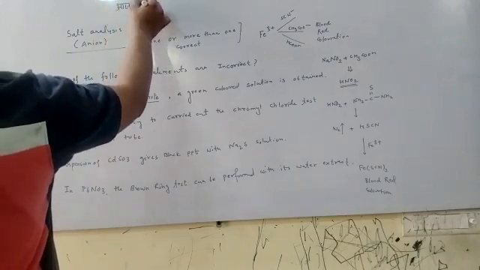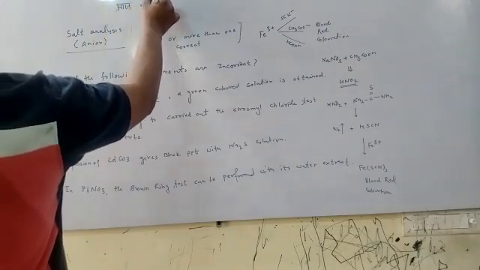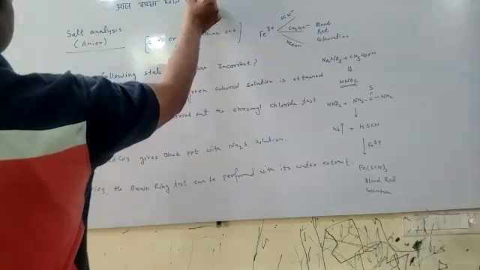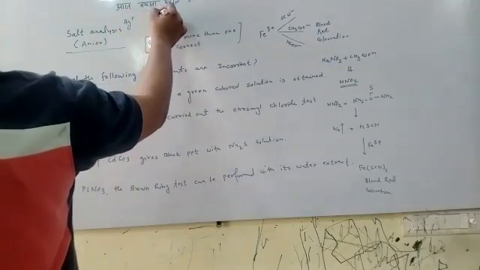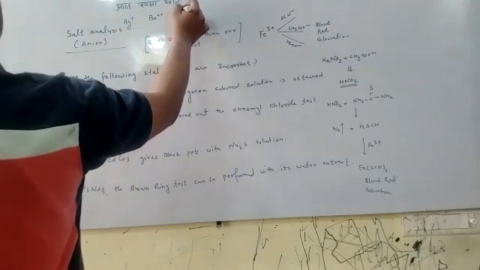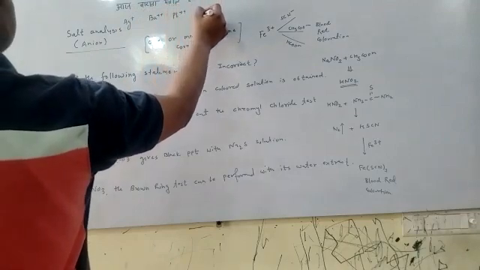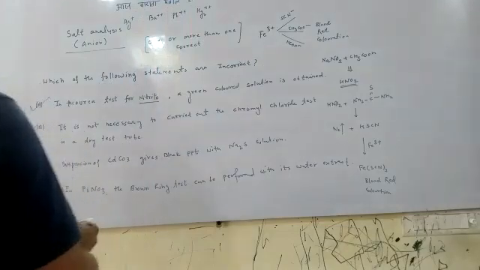Ag+, Ba2+, Pb2+ and Hg2 2+. These are the chromates.